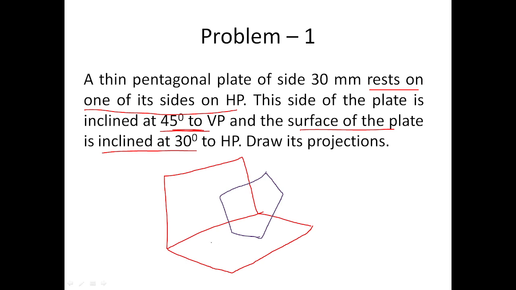So here the edge which is resting on HP is making 45 degree with respect to VP, and the surface on which it is inclined makes an angle of 30 degree to HP. Now this one is what? HP, horizontal plane, vertical plane. So you need to draw its projection.